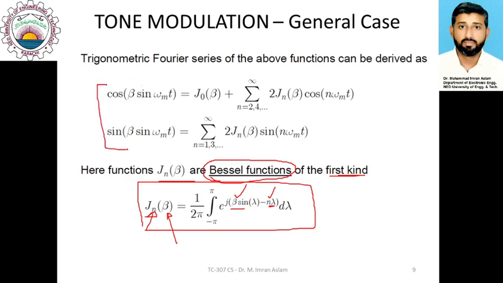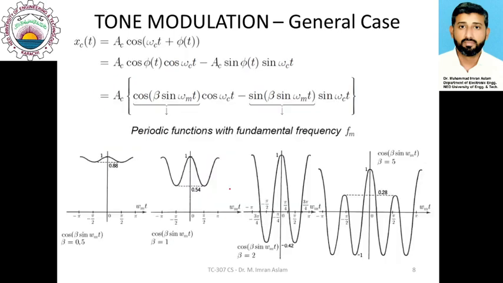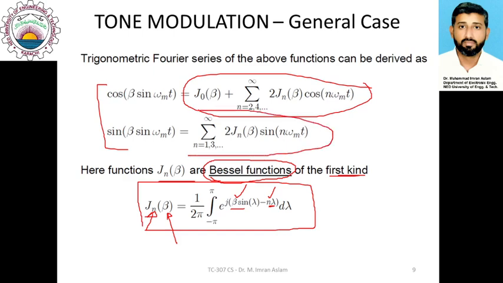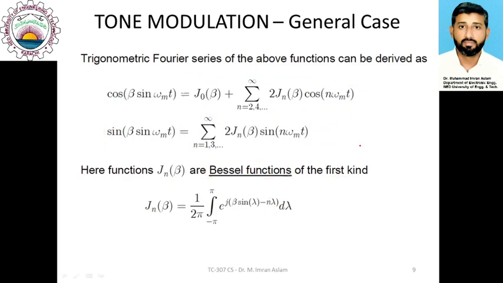So these are Bessel functions. The trigonometric functions that were shown in the previous slide, when they are expanded in the form of a series, become a series of Bessel functions, and that series is represented here. Cosine of beta sin omega_m t is represented by this mathematical series, whereas sine of beta sin omega_m t is represented by this mathematical series.